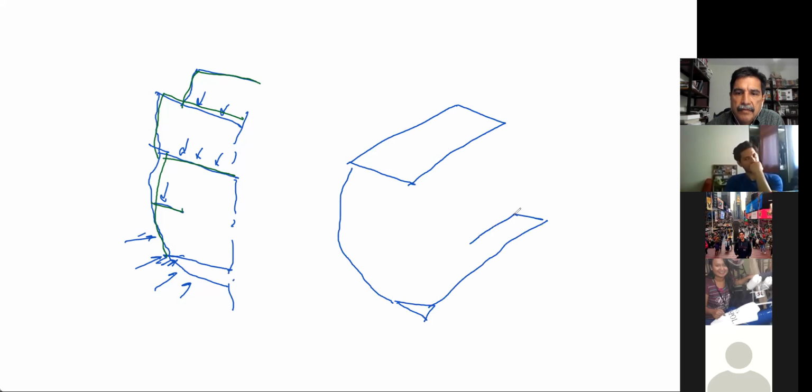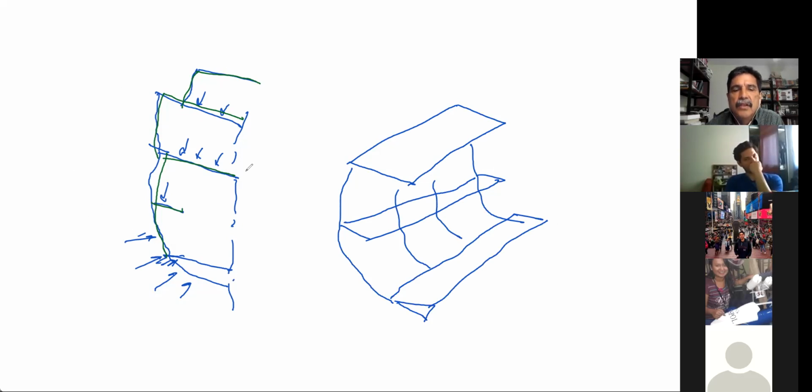a model of this. So here we have several frames and like that. And this here is going to be here. Okay, but only up to main deck. So this is a model using only frame elements.